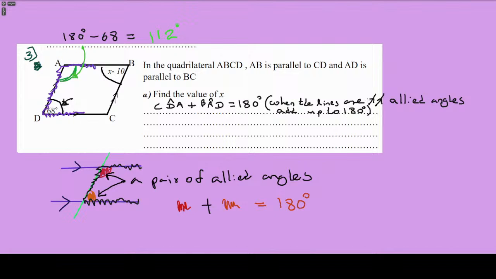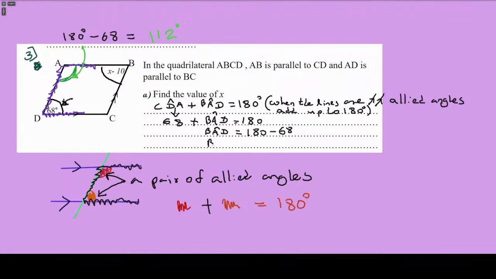So angle CDA's value is known to us, that is 68. So 68 plus BAD equals 180. Then angle BAD equals 180, this plus 68 goes to the other side, minus 68.